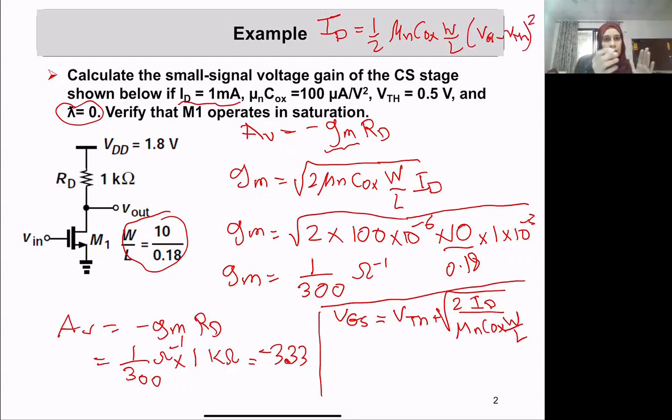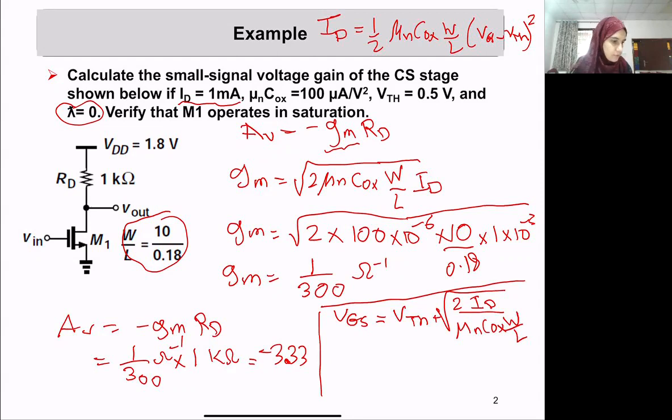The lambda part is 0, so we are ignoring that part. Now, if I want to put VGS on one side alone, I have to take the square root of both sides and then transfer the V threshold to the other side, and then I will have the equation that is given here.